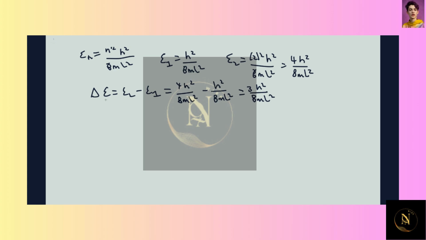So this is also equal to the energy, 3.0 electron volts, that it takes to excite the electron from the ground state to the first excited state.